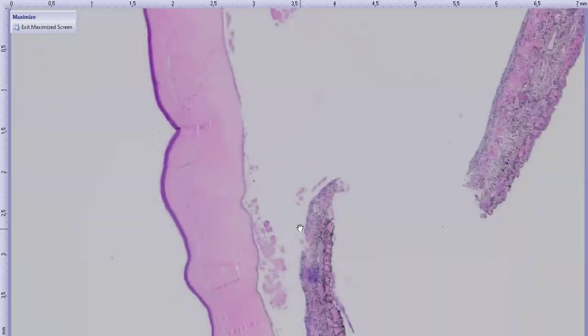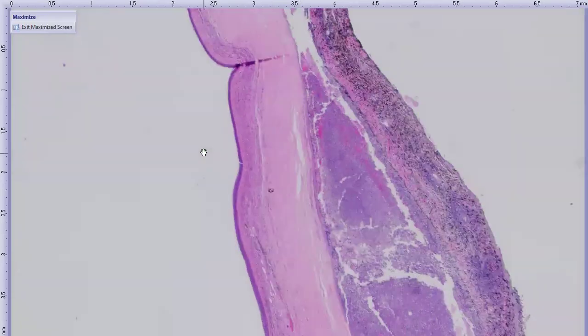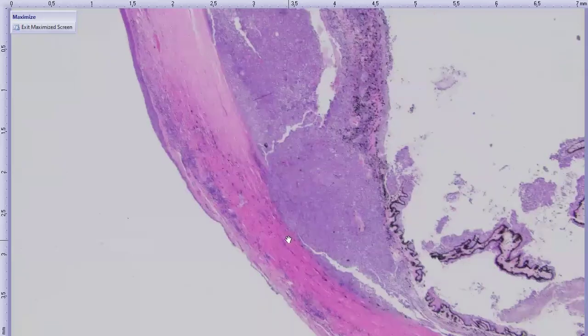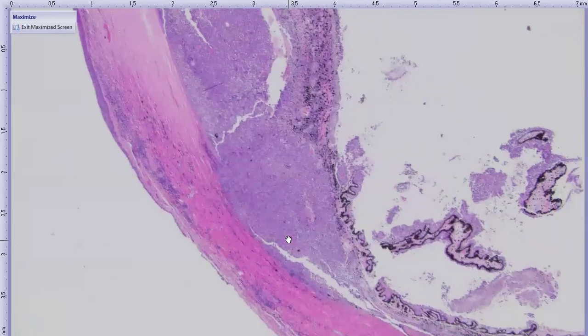All right, so got our cornea out here, a little bit of keratitis and vascularization coming in peripherally, and then we can look at our cellular infiltrate here.